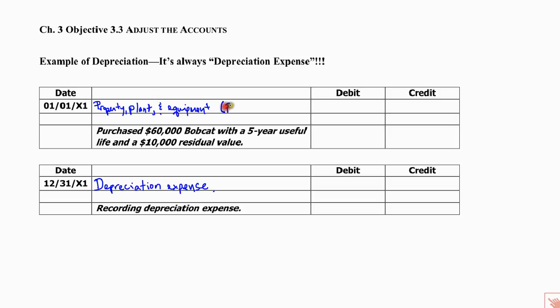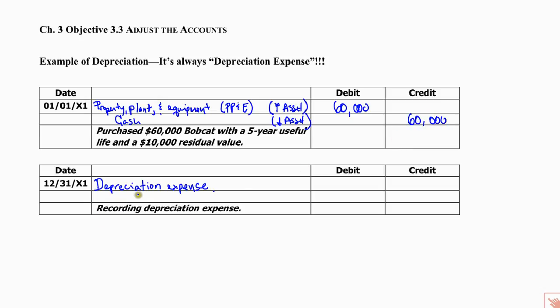The abbreviation you might see me use in the future is PP&E. Notice that this is increasing an asset account, a debit to an asset. And since there's no note, we're assuming they paid cash. This is a decrease to an asset. So this purchase does not change total assets.